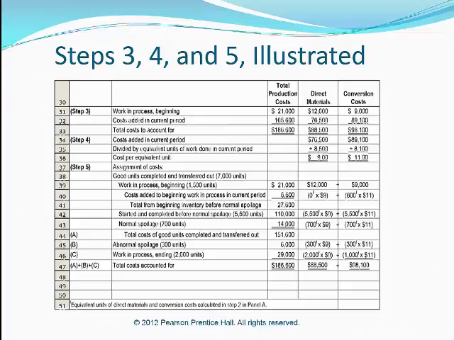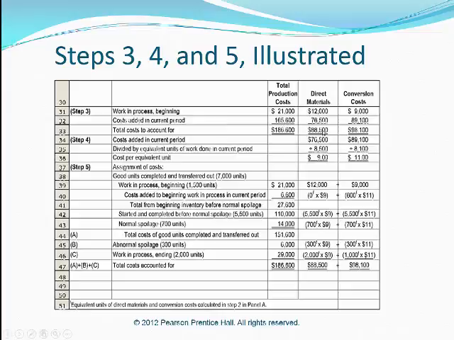If we total each one of those sets of numbers up, we've got a total cost to account for of 186,600, which again we're going to be comparing when we get to the bottom down here to make sure that we have divvied that up and have the same total.